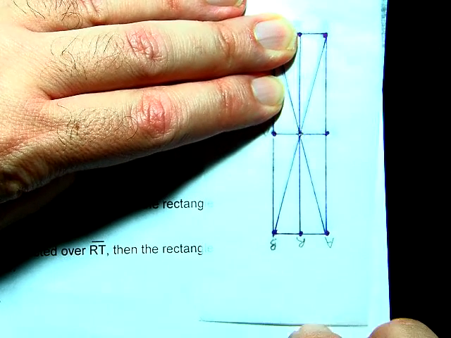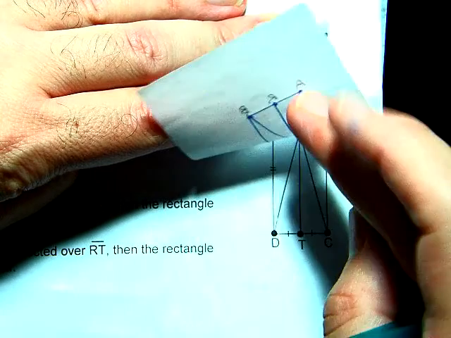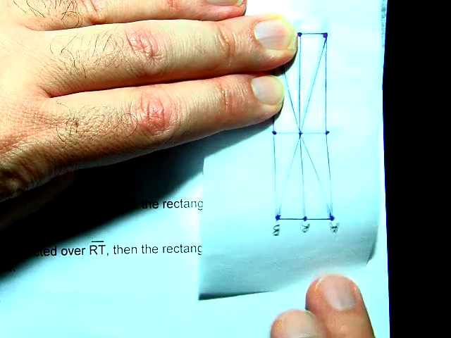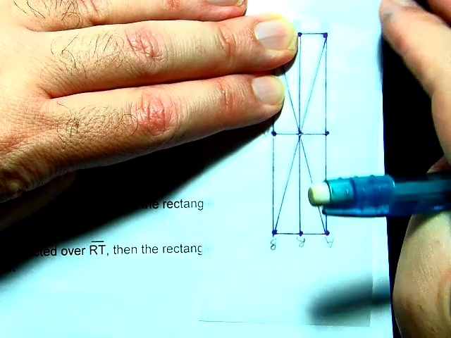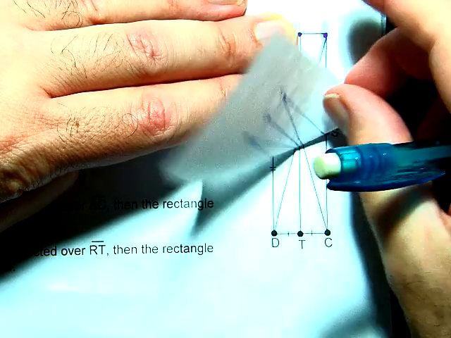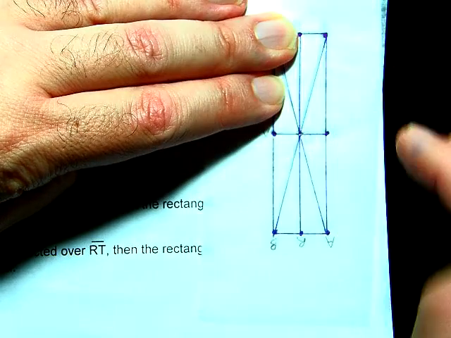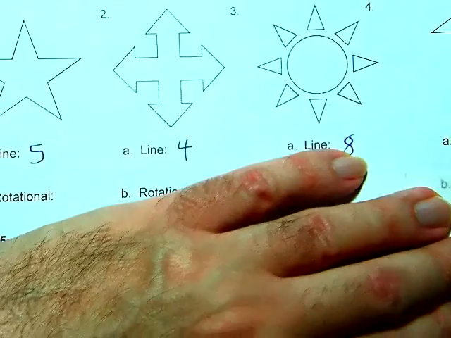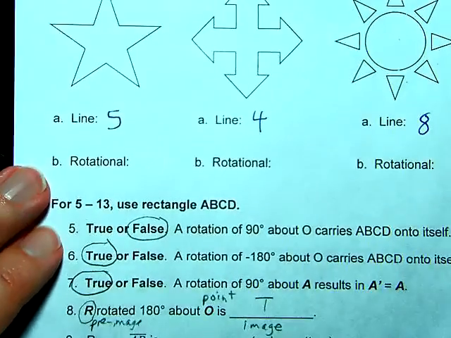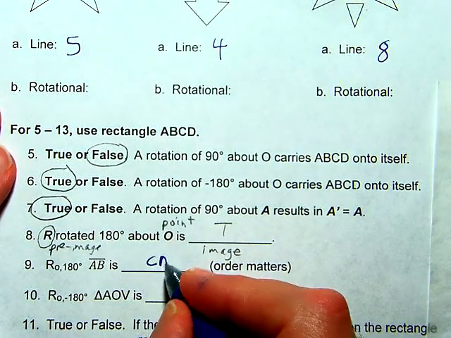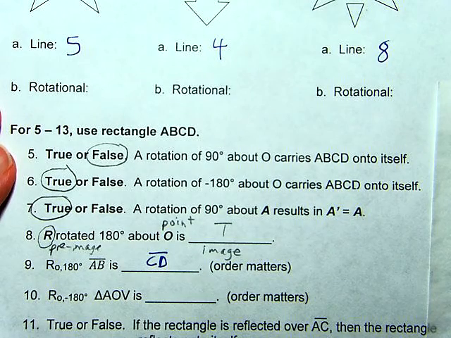A maps into C. B maps into D. Let me flip that again so you can see B maps into D. So AB in order becomes CD. That would be the answer. Line segment AB now is line segment CD. That's the answer to number 9.